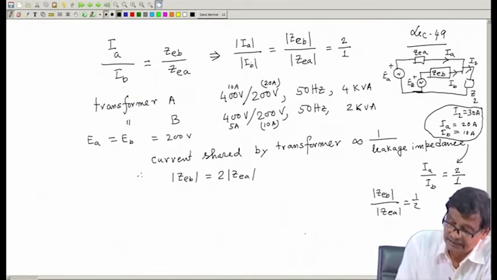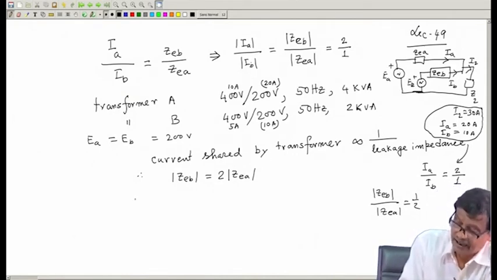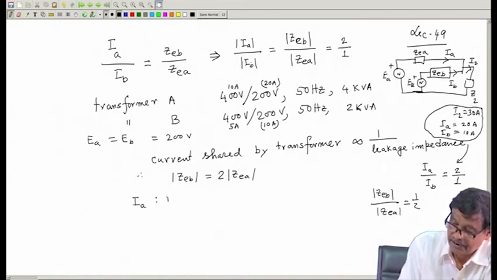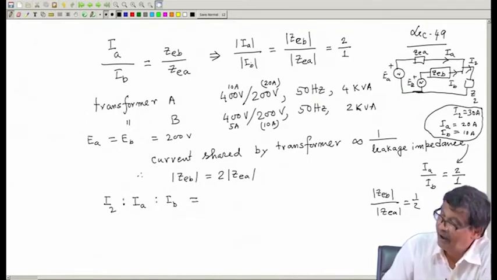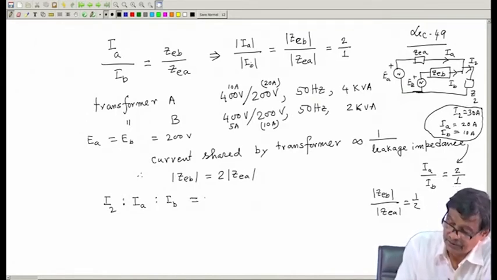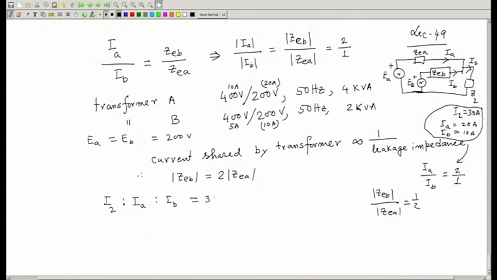The ratio of the currents IA is to IB is to the total current I2, my desirable thing is it should be 3:2:1. That is what I want. But if it is the other way around, then the ratio of currents will be just opposite.